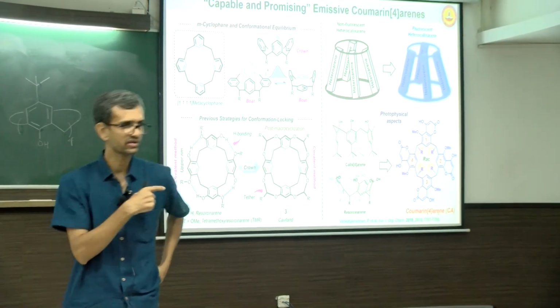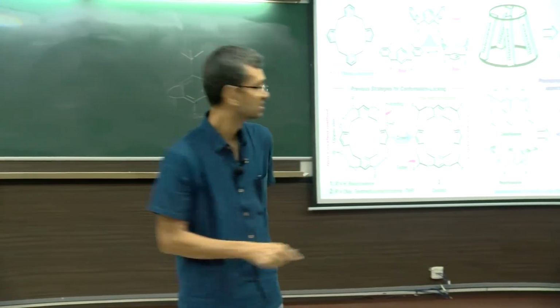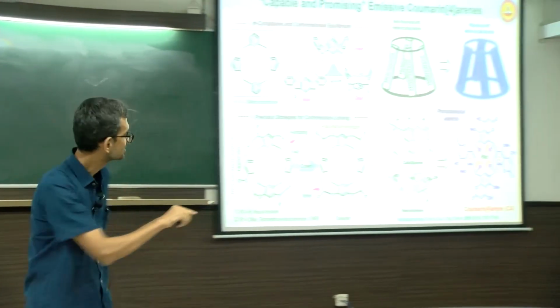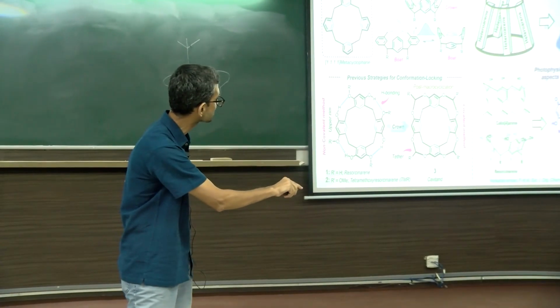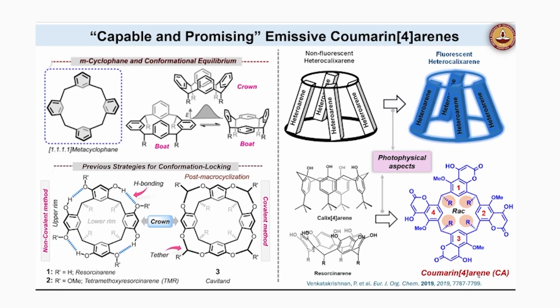Have you seen this molecule anywhere? Coumarin alone, don't worry about the four. Just look at this one structure here, the bicyclic compound that you are seeing. You have not seen this? Where do you think you would have seen it? At home. Sir, cow we have seen. Okay, you must have eaten this already.